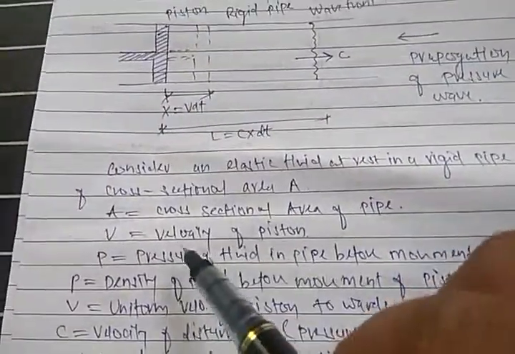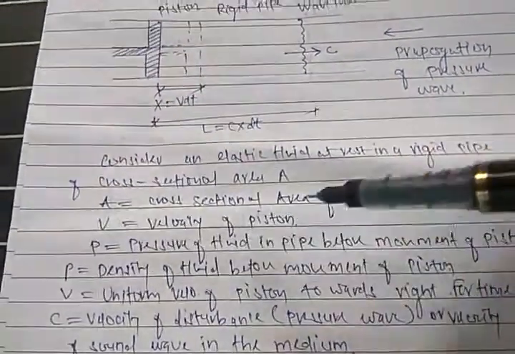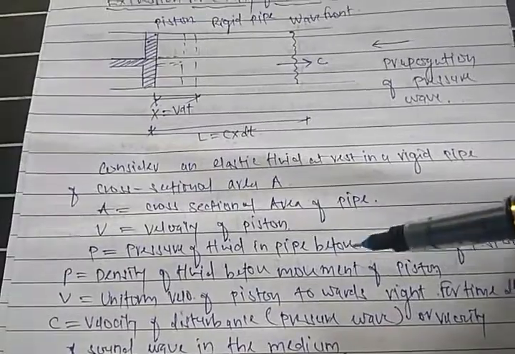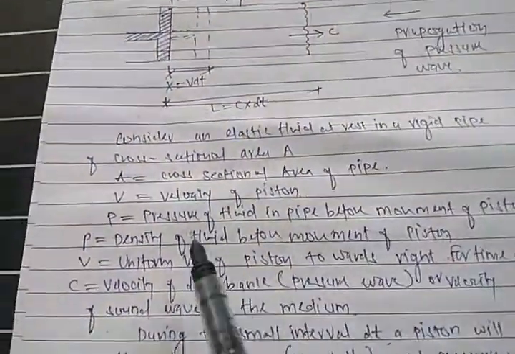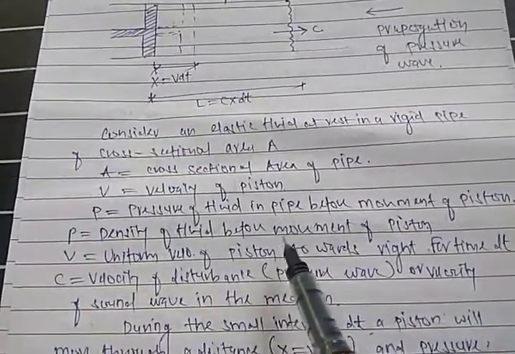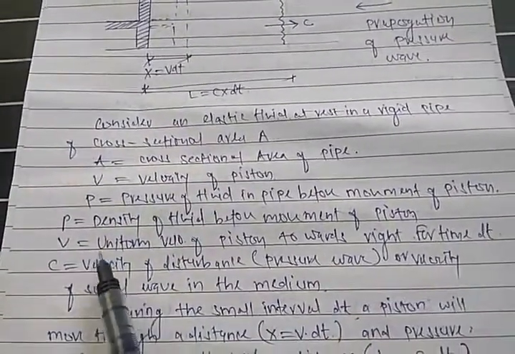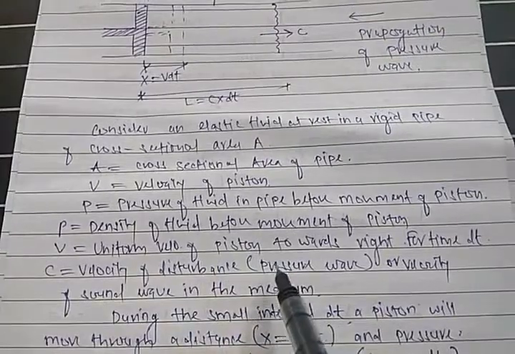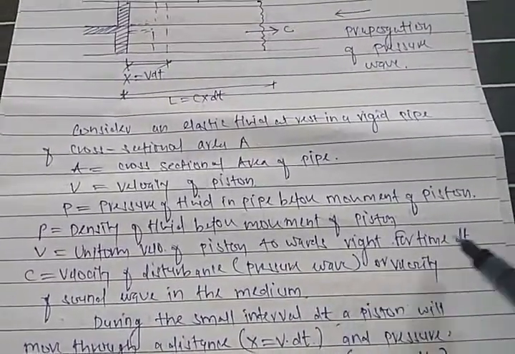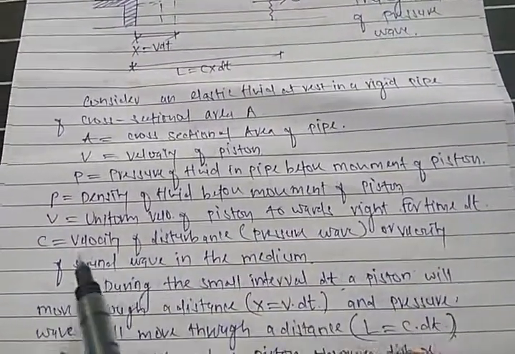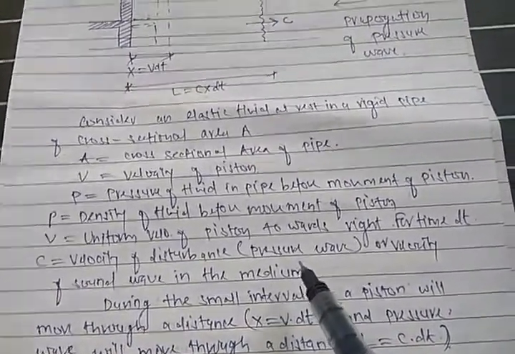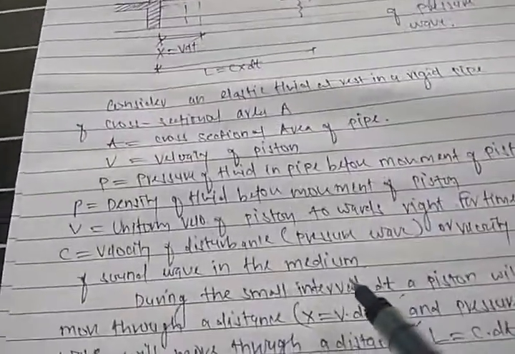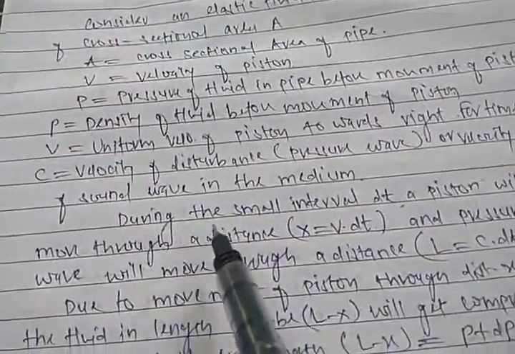Next, V is the velocity of the piston, P is the pressure of the fluid in the pipe before movement of the piston, rho is the density of the fluid before movement of the piston, V is the uniform velocity of the piston towards the right hand side for small time dt, and c is the velocity of the disturbance pressure wave, or velocity of sound wave in the medium.